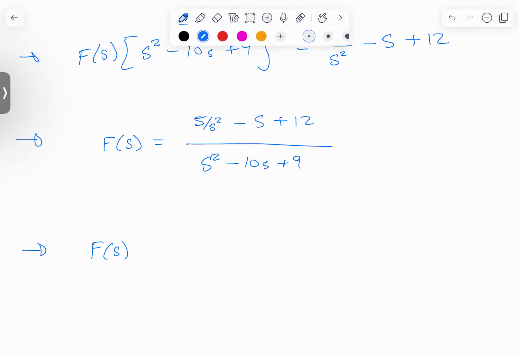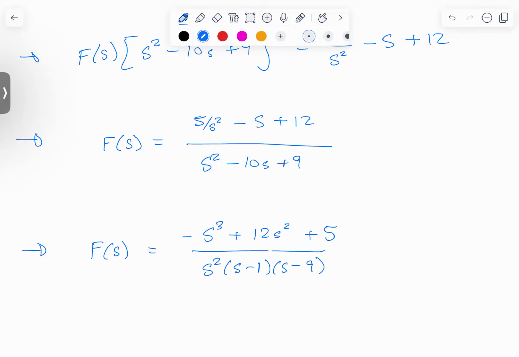Now I can put this over two denominators or clean this up with a little bit of algebra. And this is going to become, that denominator factors nicely.